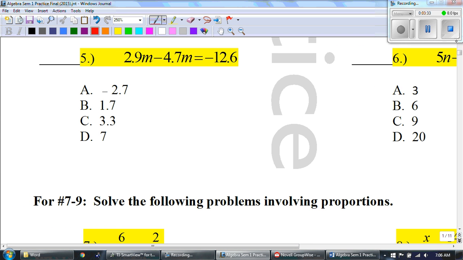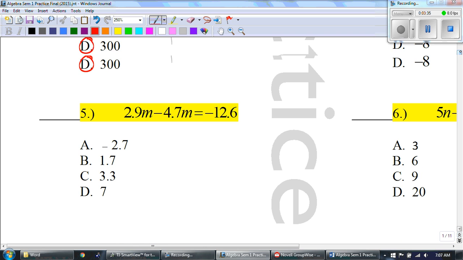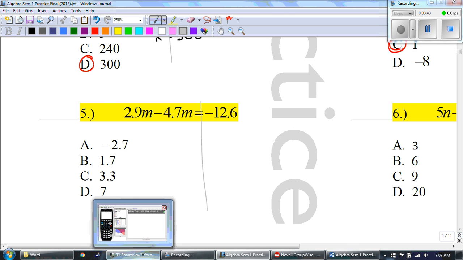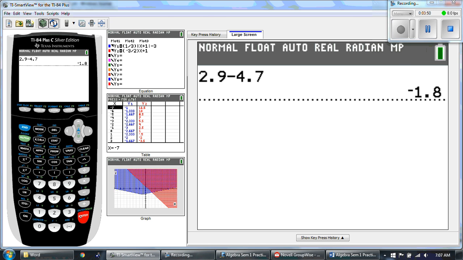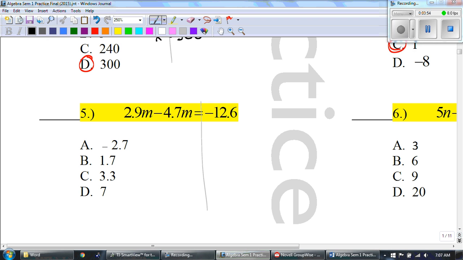All right, number 5. Don't freak out just because there are some decimals in there. We're going to do the same thing. We're going to combine like terms. So I have 2.9 minus 4.7. 2.9 minus 4.7, we get negative 1.8. And I'm multiplying right there, so the inverse of multiplication is division.